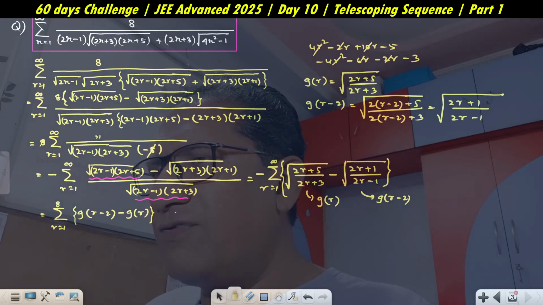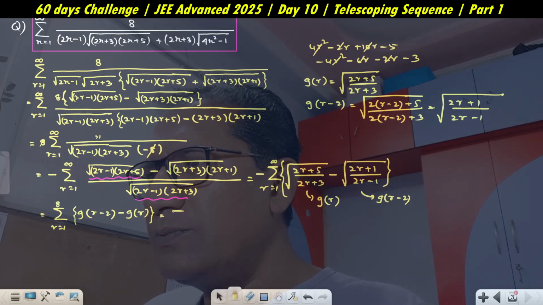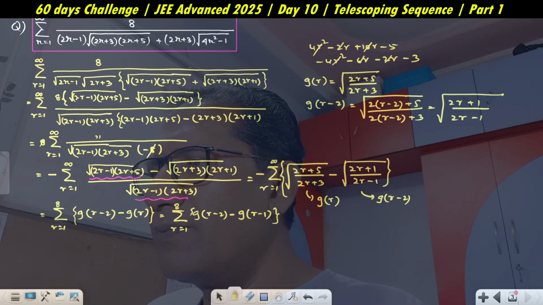So all I have to do is write it in this way: g of r minus 2 minus g of r minus 1, plus g of r minus 1 minus g of r, correct?